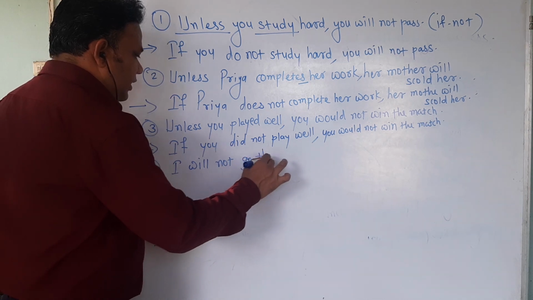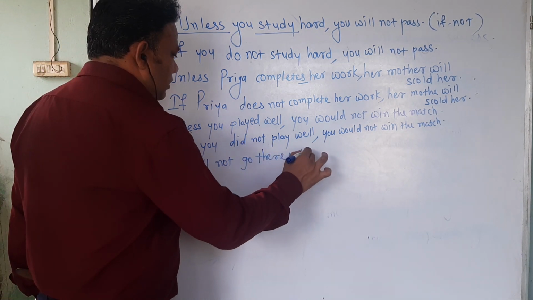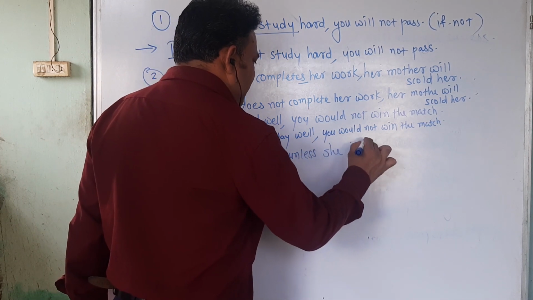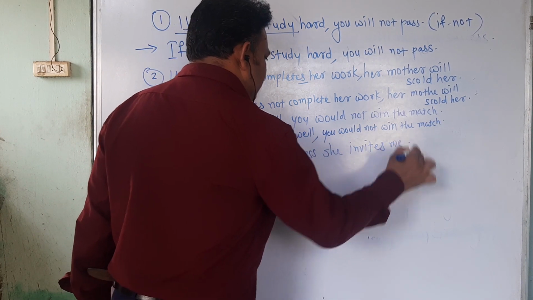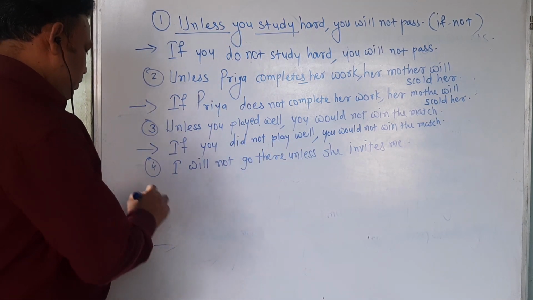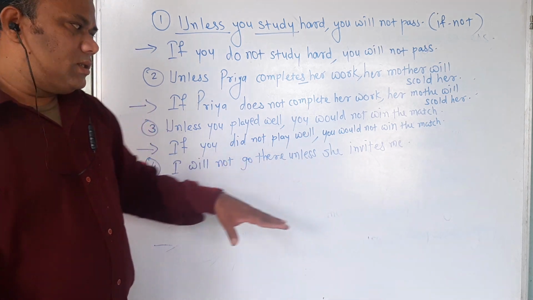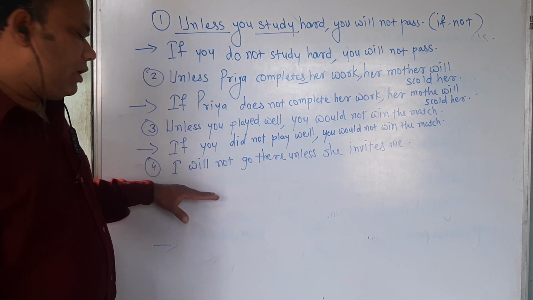I will not go there unless she invites me. So here unless is used in the middle part of the sentence. The answer we have to start from here only.